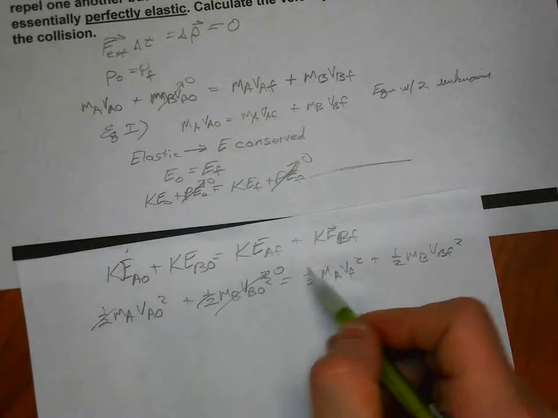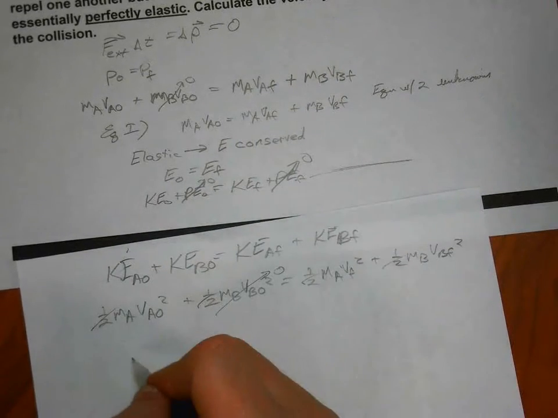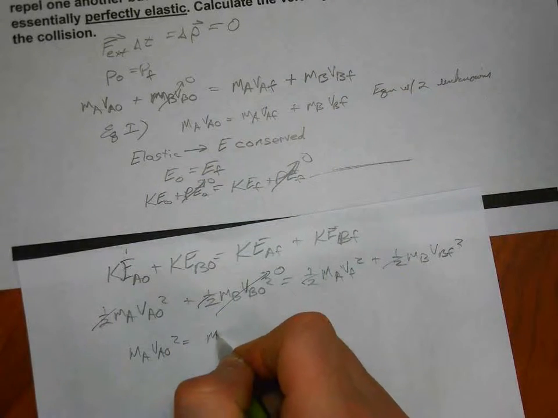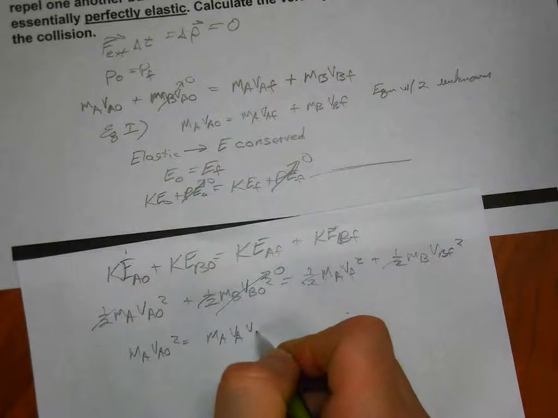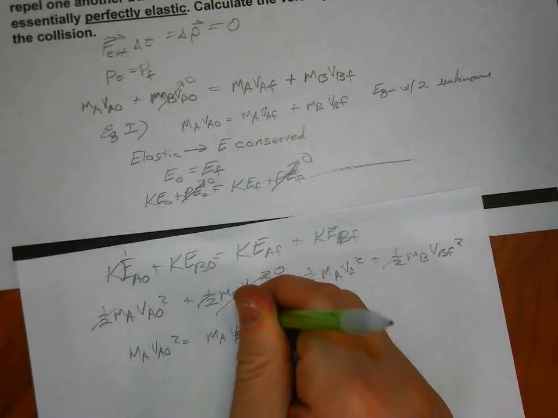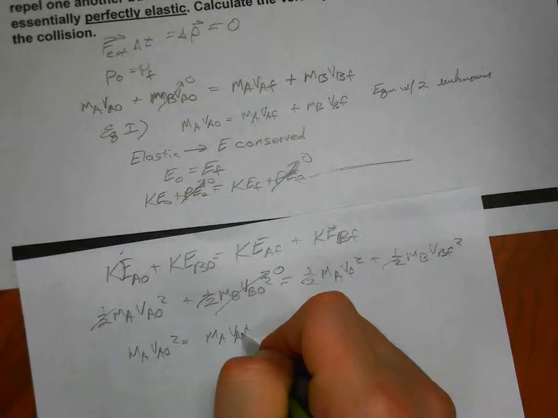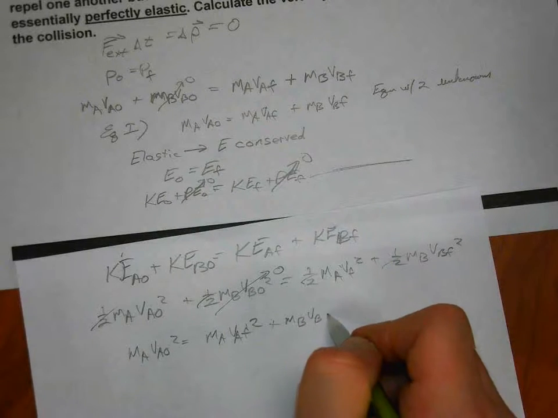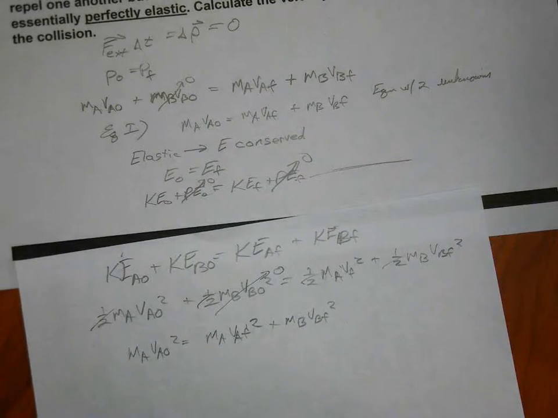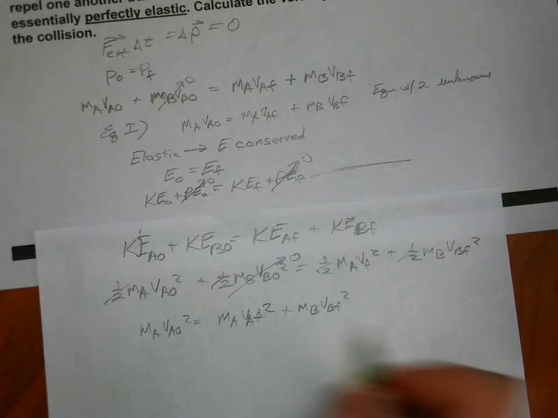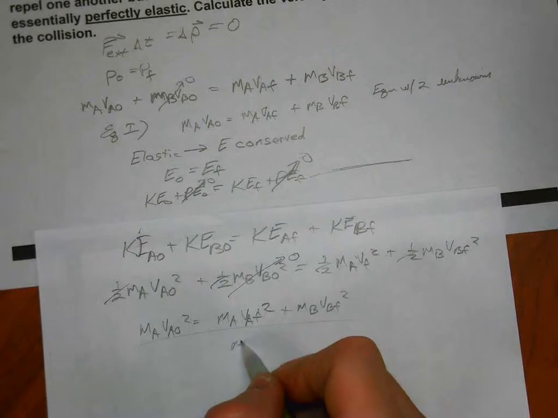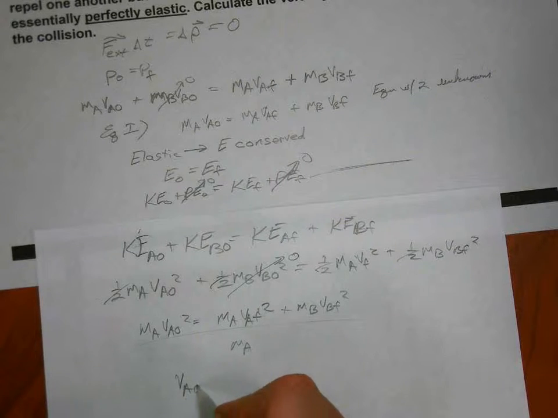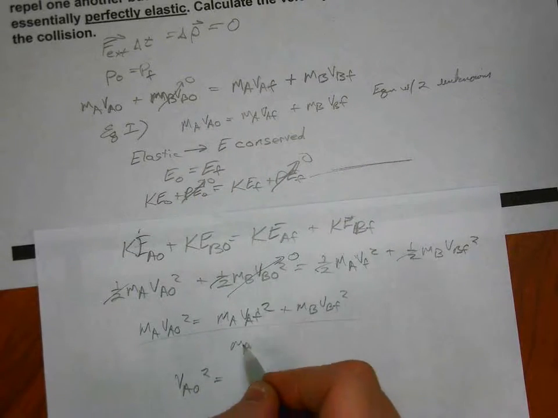The 1/2 is going to cancel out from every term. So MA VA initial squared equals MA VA final squared plus MB VB final squared. If I want to clean this up a little bit, I'll divide everything by MA. So VA initial squared equals MA over MA, cancels out.